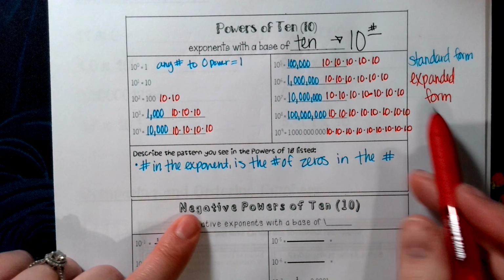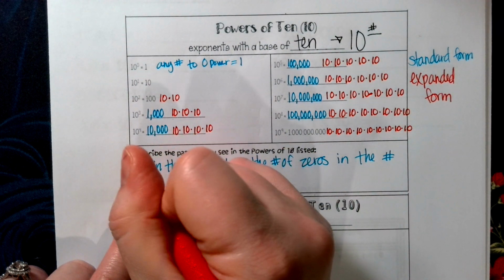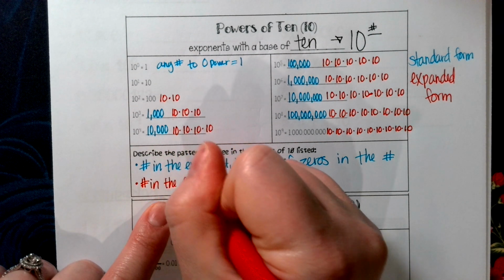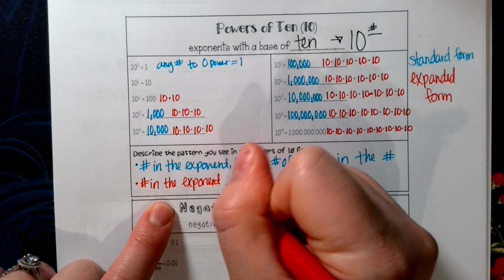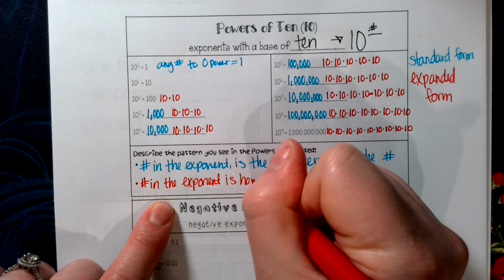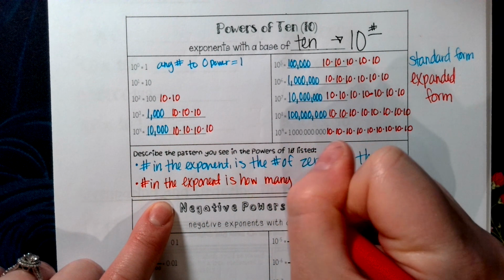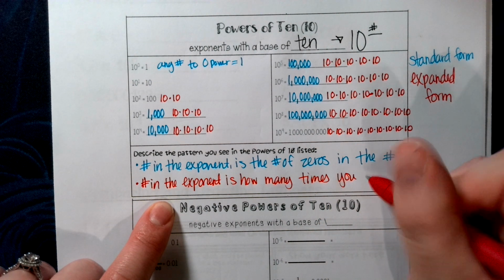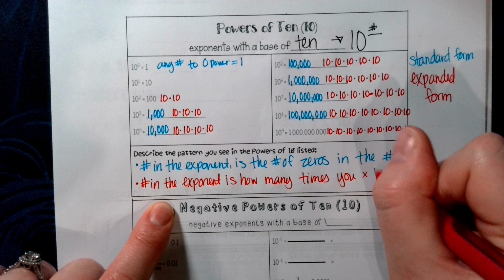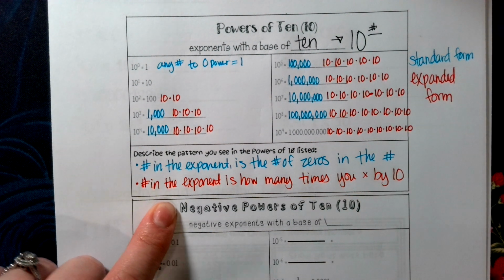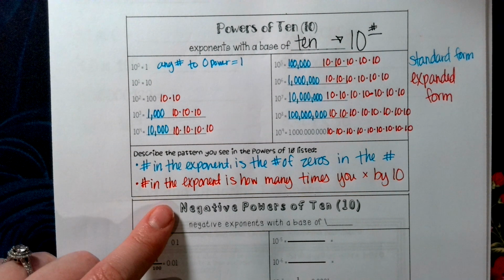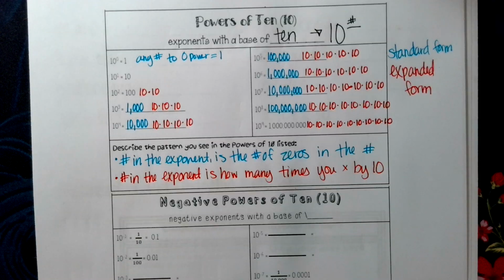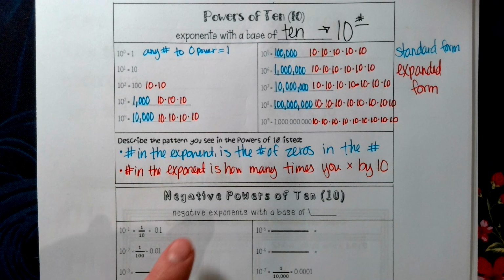So for the expanded form, the number in the exponent is how many times you multiply by 10. If you need to pause the video to catch up, go ahead and do that. Otherwise, we're going to go to the negative exponents, or negative powers of 10.